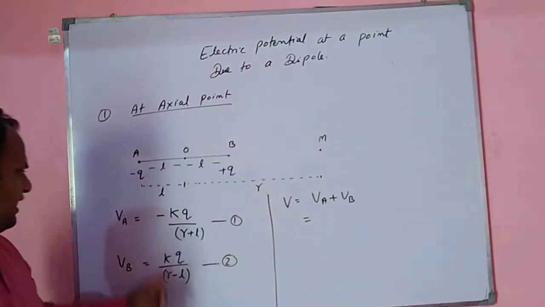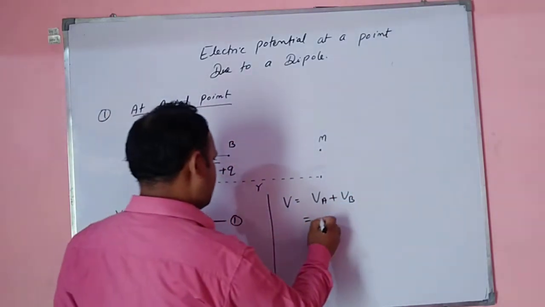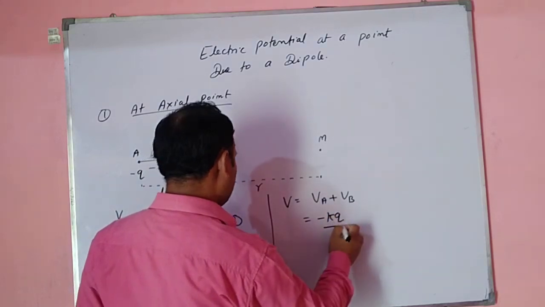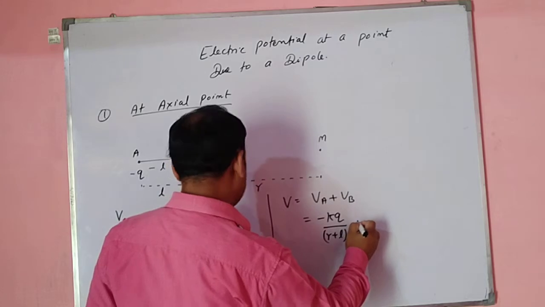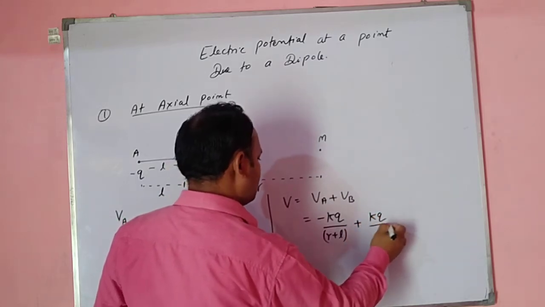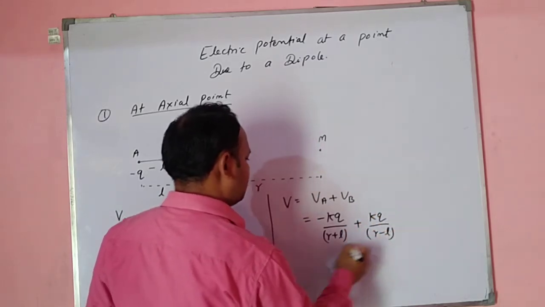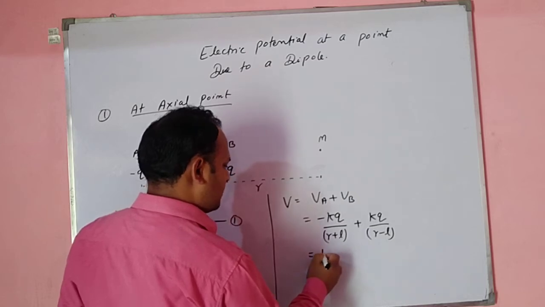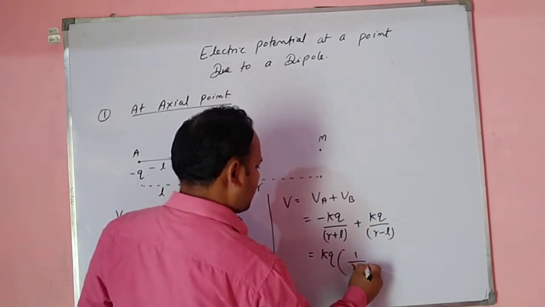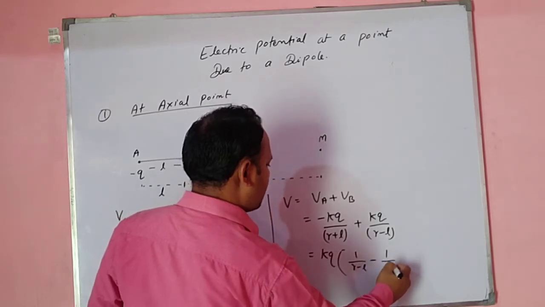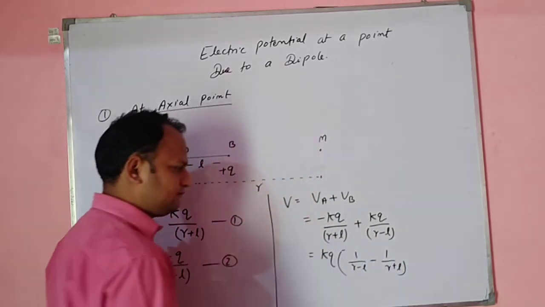So what is the value of VA? This is minus Kq by (r plus l) and plus Kq by (r minus l). You can take Kq common and you can shift them: 1 by (r minus l) minus 1 by (r plus l).